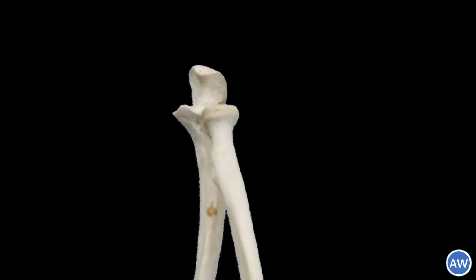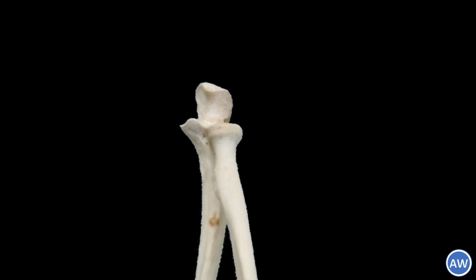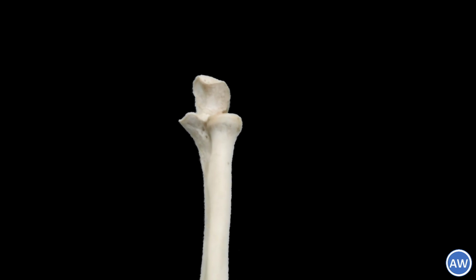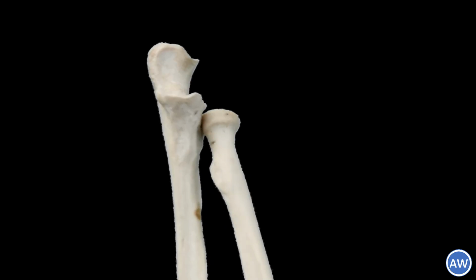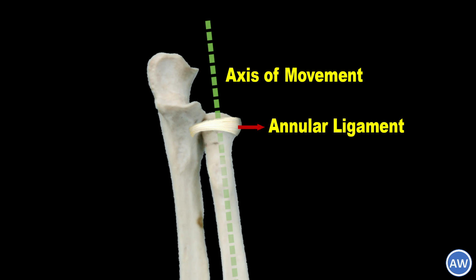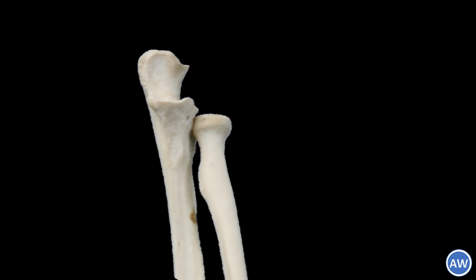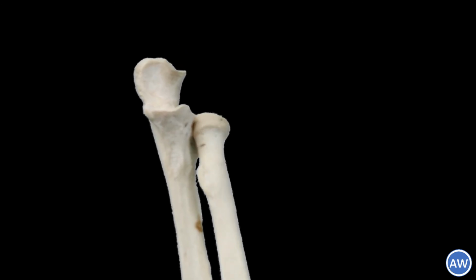Pivot joints are uniaxial joints in which an osseous pivot in an osteoligamentous ring allows rotation only around the axis of the pivot. Pivot may rotate in rings, like for example here you can see the head of the radius rotating with the annular ligament and ulnar radial notch. Another example of a pivot joint is the atlantoaxial joint.